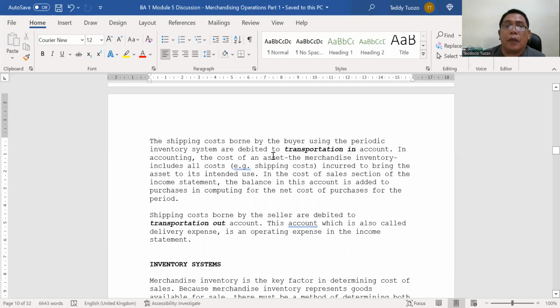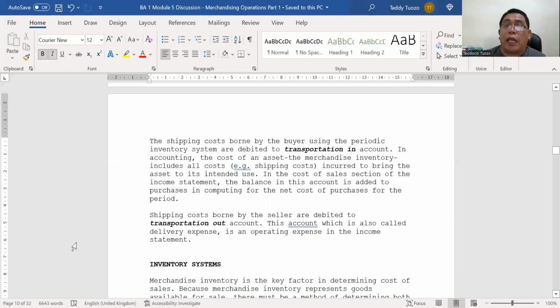And then kung mulong kita, under FOB destination, whatever happened to the goods, si seller pagyapon ang owner of the goods. So kasi siya may dapat mo bayad sa transportation cost, it is not part of the asset or of the goods in transit, but it is an expense on the part of the seller. Transportation out. Okay? Transportation out.